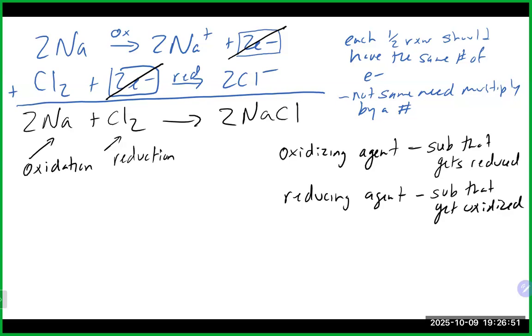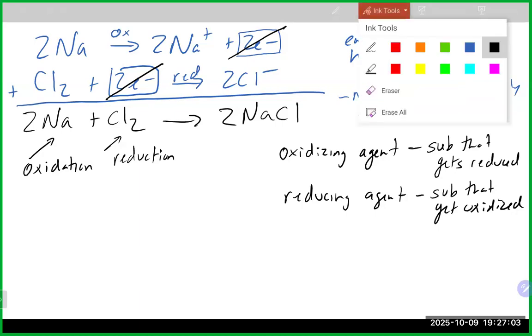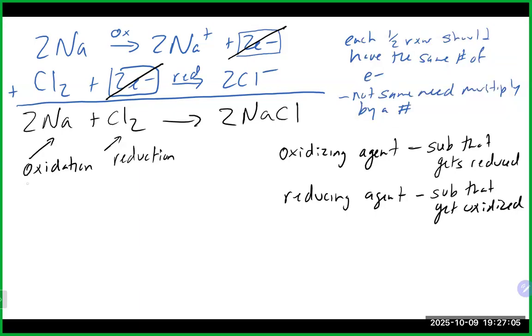So when somebody loses electrons, that means somebody else has to gain electrons. And causing somebody else to gain electrons means you're causing it to be reduced, and it's known as the reducing agent. In this example right here, the sodium is our reducing agent, and the chlorine is our oxidizing agent.